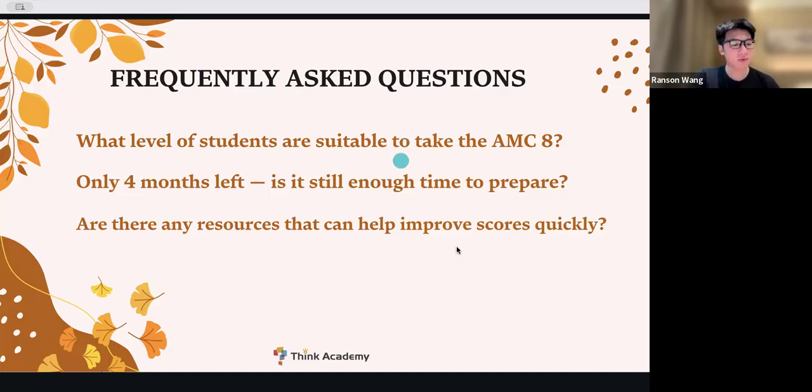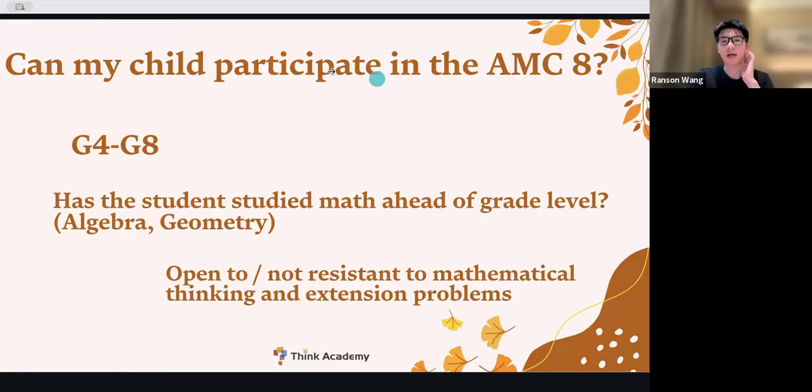Okay, so for each of the questions, I'm going to answer this. First of all, regarding the first one, what level of students are suitable to take the MCA? So here are my answers. In order to determine whether your students are suitable to take the MCA, you have to check each of the criteria.